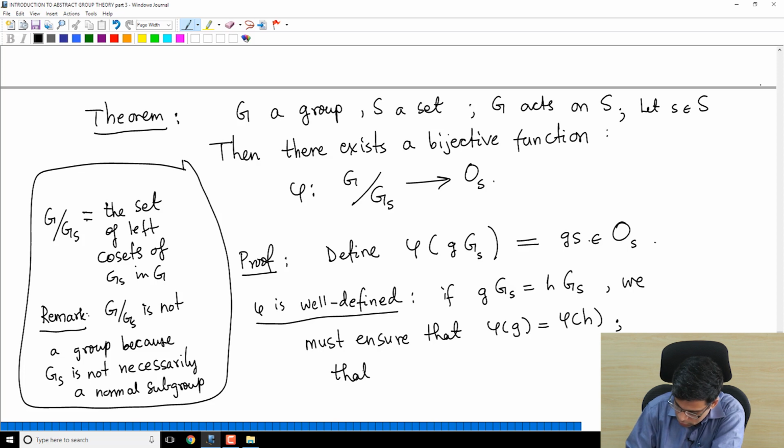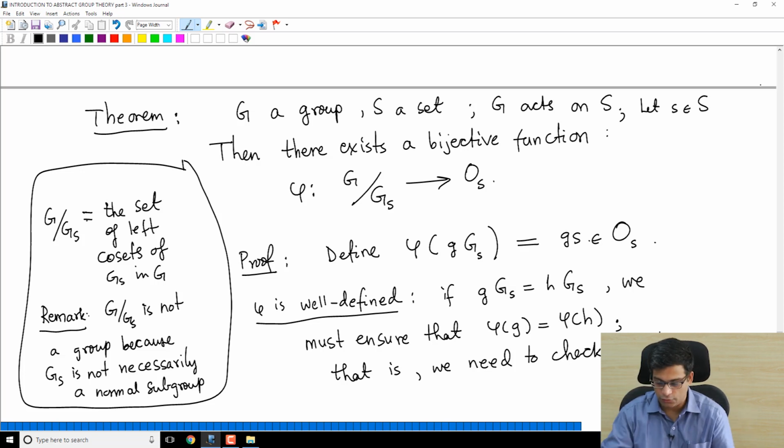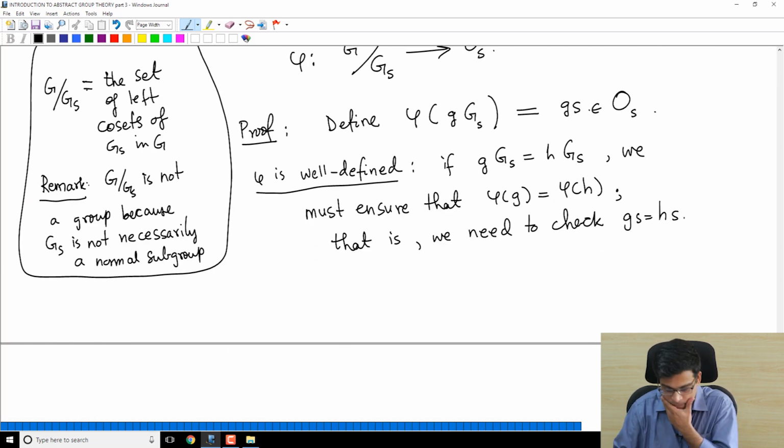That is, we need to check g s equals h s. This obviously needs to be checked because we are trying to define that the image of g times G_s is g s, but it can very well happen that g G_s is equal to h G_s, but g and h are different because several cosets will coincide. But then if g G_s is equal to h G_s but g s is different from h s, then there is a problem. The function is not well defined. So we need to check this.